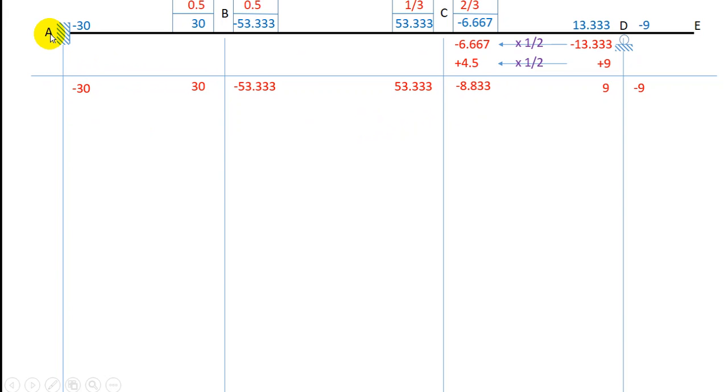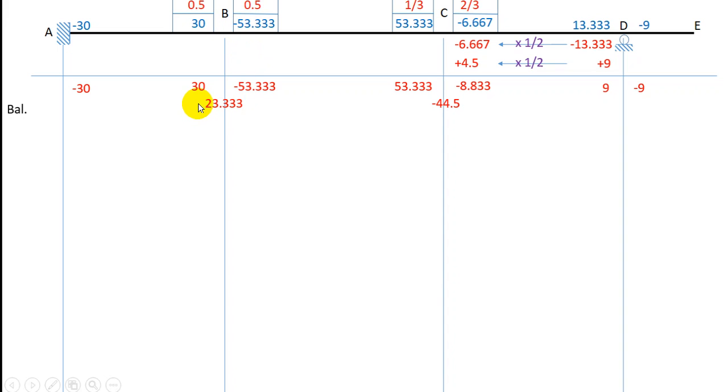So let us start with our first iteration, and the first step is balancing of moment. As we saw earlier, 30 and minus 53.333 gave a resultant moment of minus 23.333, and to counteract it my beam was providing a moment of plus 23.333.